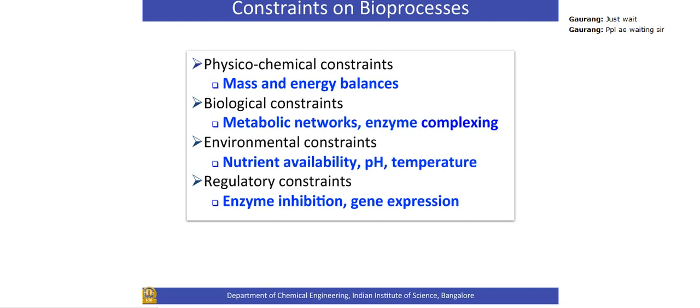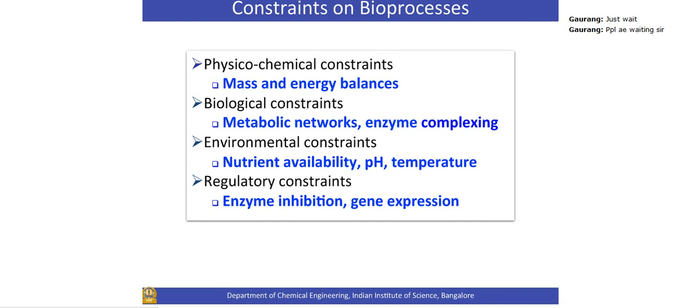So let's try to address what the typical constraints on biological processes are. These can be broadly classified into four different types. For example, physicochemical constraints.